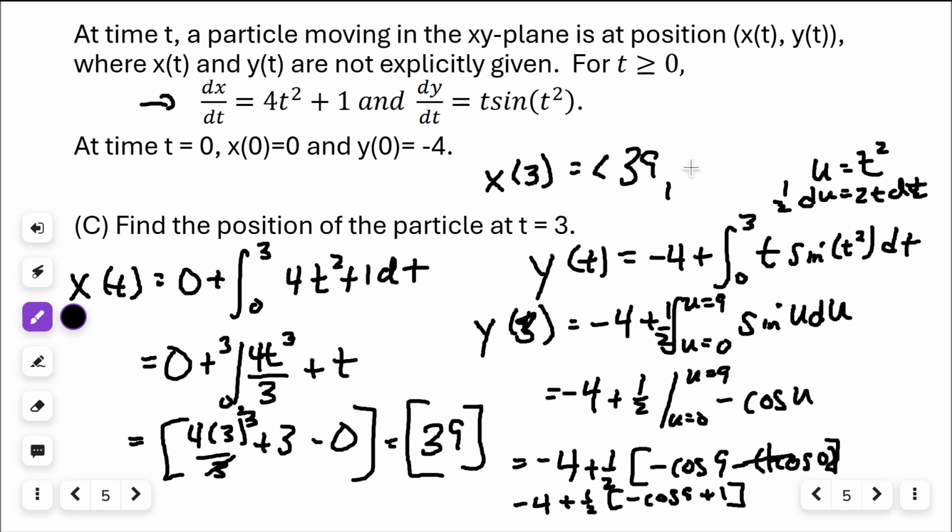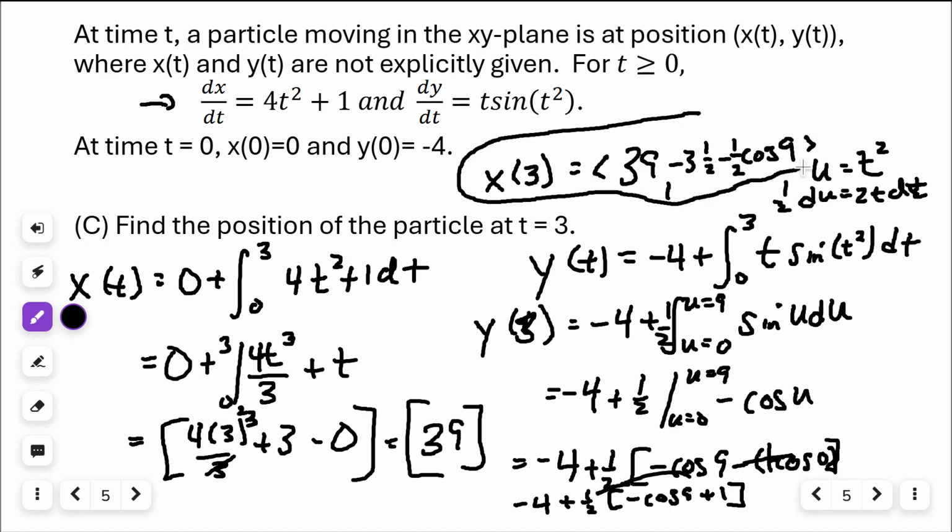And again, you could type that in a calculator if you needed to. I'm not going to do that. If I distribute the 1/2, though, that would allow me to get -3.5 minus half of cosine 9. And that would be the position of the particle at t equals 3 in the y direction. And this, overall, is my position of the particle at t equals 3.